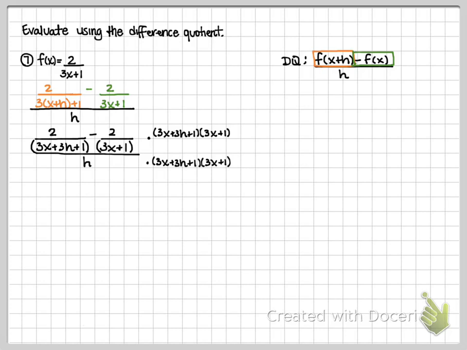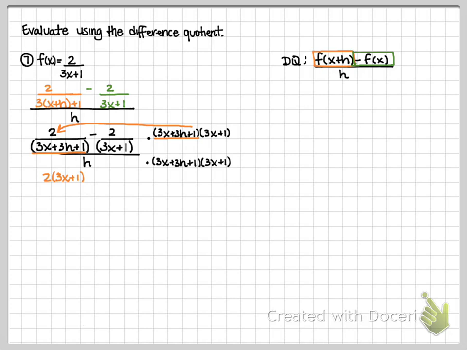So if I distribute this whole thing to my first one, notice that the 3x plus 3h plus 1 and the 3x plus 3h plus 1 cancel. So all I have left here now is a 2 times the 3x plus 1, the denominator that it didn't have in the first place.